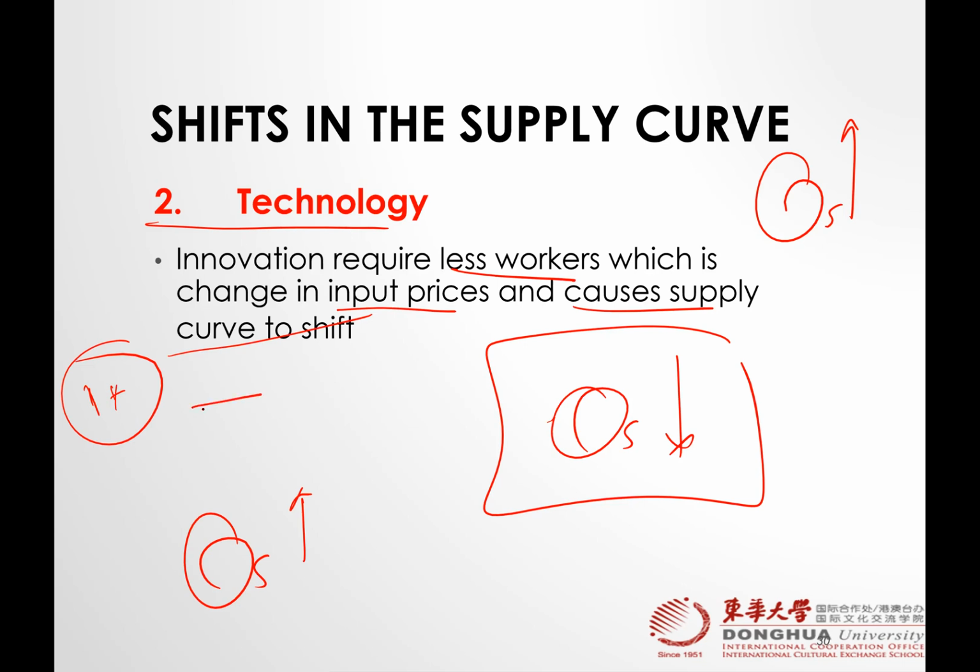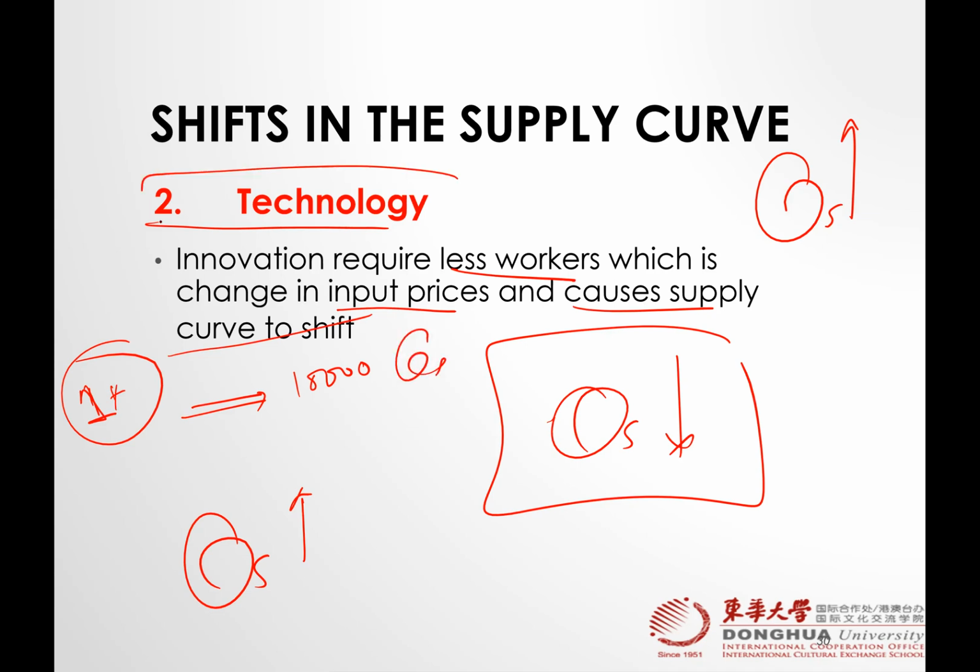But you shift to that technology, you buy a machine that does automatic filling and wrapping and all those things. Previously you were supplying 1,000 cones of ice cream to the market, and now due to that technology you are supplying 10,000. Right? Price is the same 1 yuan, but supply has increased.